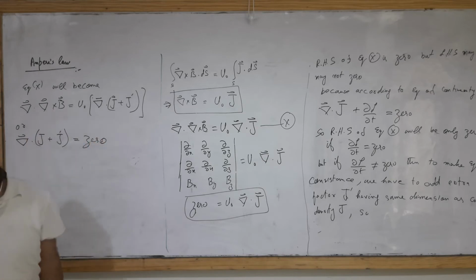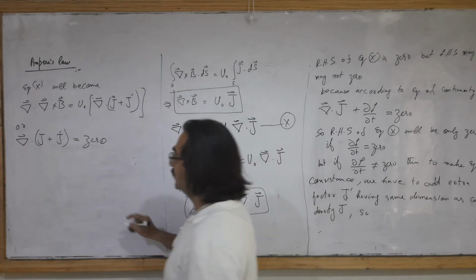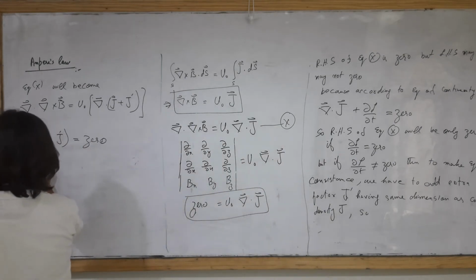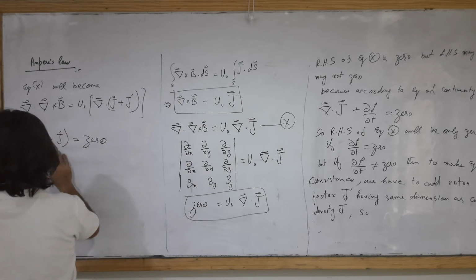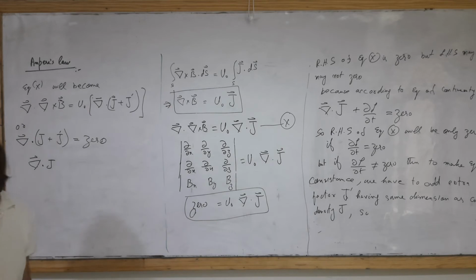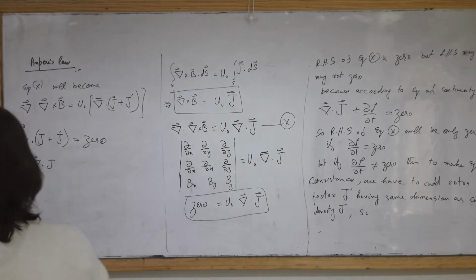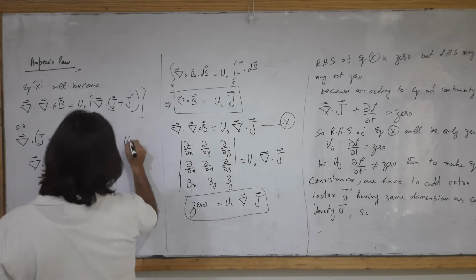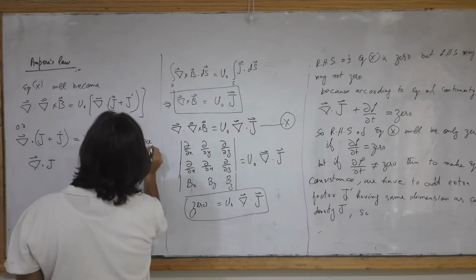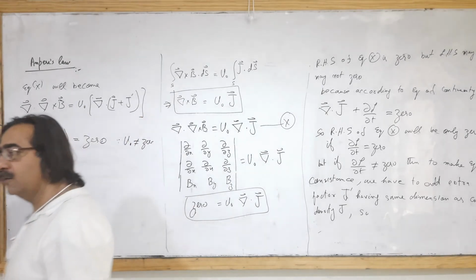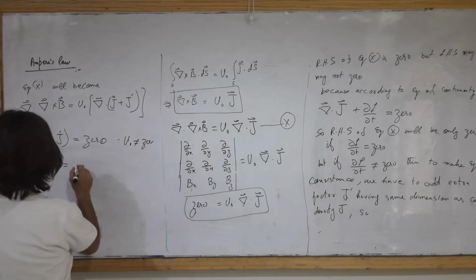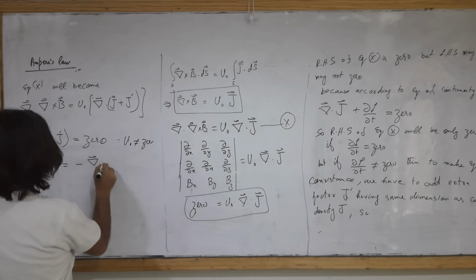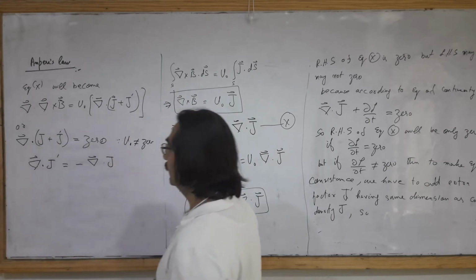Since mu naught is not equal to 0, we can divide both sides by it. So del dot J will be equal to minus del dot J prime.